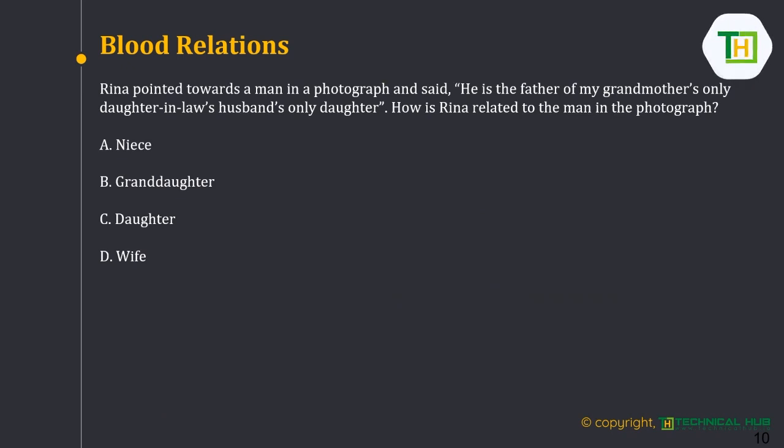In this model, when the word "my" is given, the word "my" replaces the speaker. Speaker means the person who said it. So in this case the speaker is Reena.